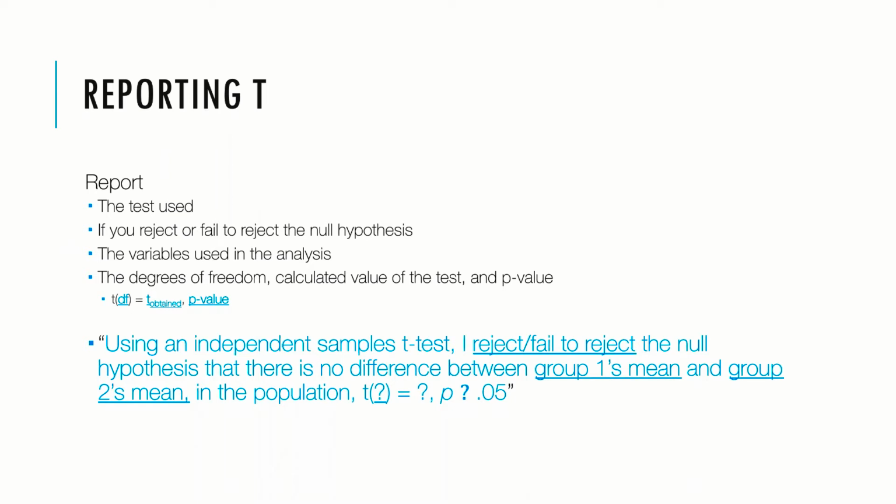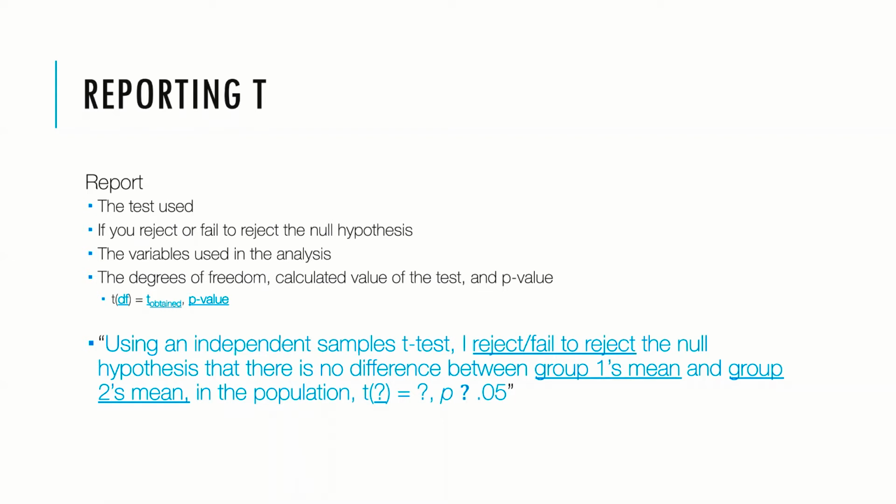The P value is greater than or equal to, or less than, this value. And then to write it up, you say using an independent samples t-test, I reject or fail to reject the null hypothesis that there is no difference between group 1's mean and group 2's mean. Or you can say there's no mean difference between group 1 and group 2 in the population. T of a certain amount of degrees of freedom equals whatever the T obtained value is. P is either greater than 0.05 or less than or equal to 0.05.